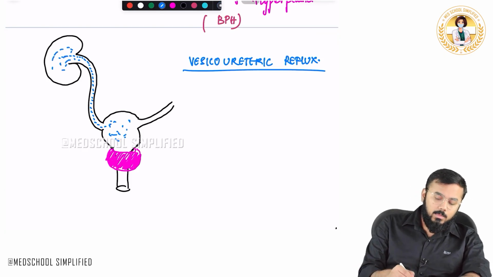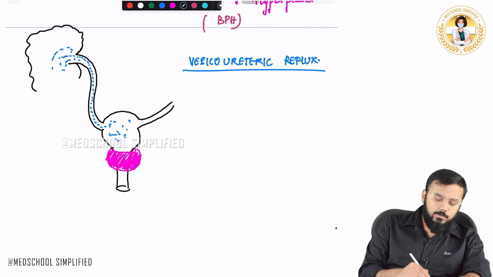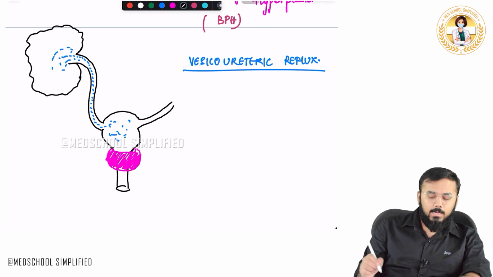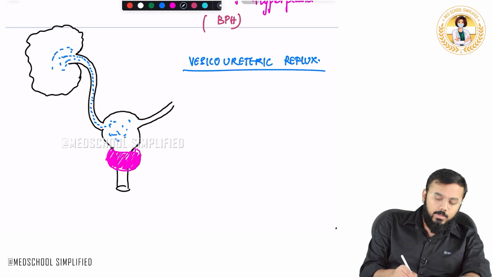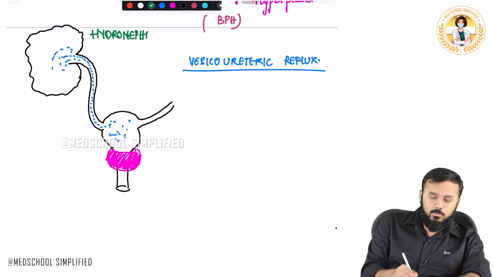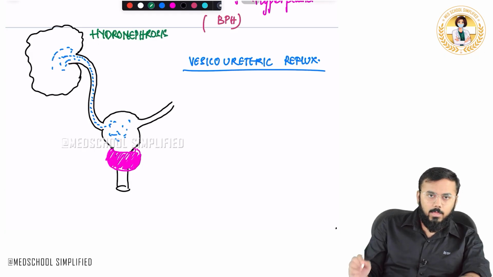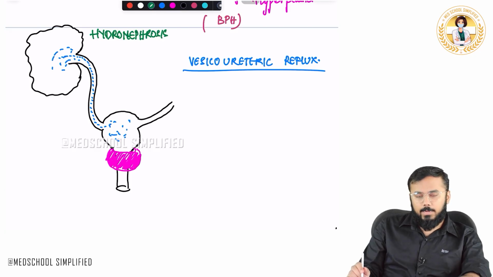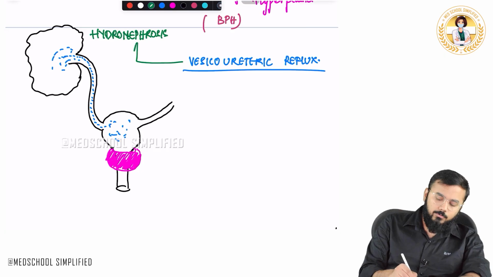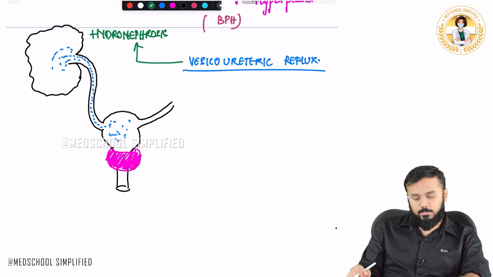So when the urine is getting deposited within the kidney, don't you think after some time the size of the kidney gradually enlarges? This enlargement of the size of your kidney is called hydronephrosis. So the patient is going to have hydronephrosis in this case, because of vesico-ureteric reflux.